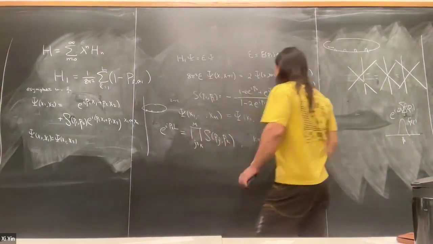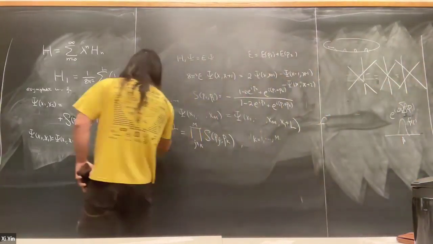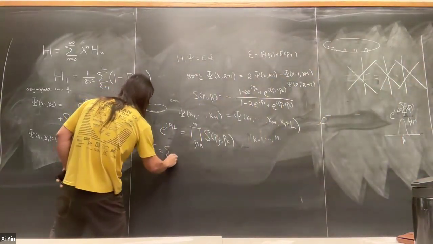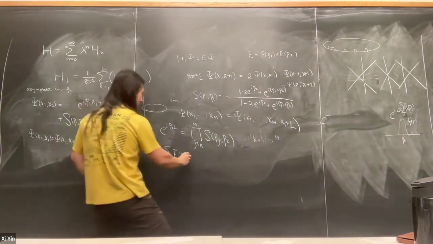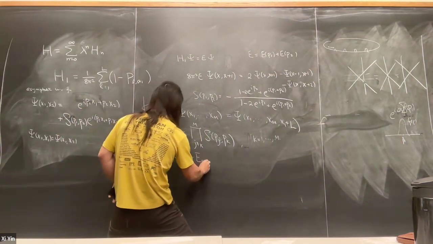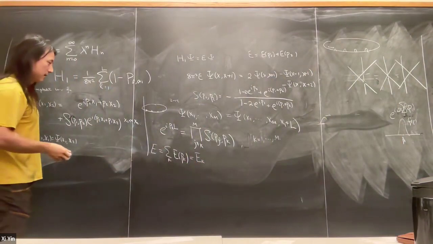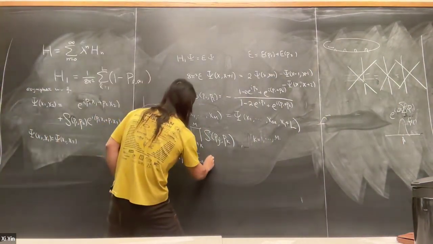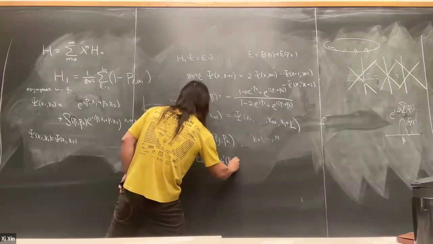Okay, maybe let me finish that point. What is the energy of this? The energy of this is the sum over K of E of PK. We know what the answer to that is. That is equal to the sum over K, well, of course, at this order, it's going to be lambda sine squared PK over 2.